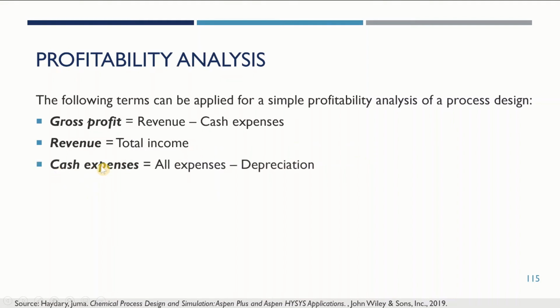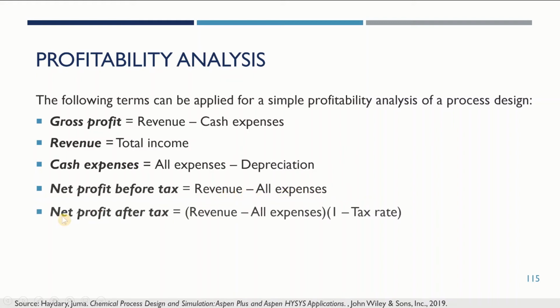Cash expenses is defined as all expenses minus depreciation. Net profit before tax is the revenue minus all expenses. The net profit after tax is the multiplication between the term of revenue minus all expenses and 1 minus the tax rate.